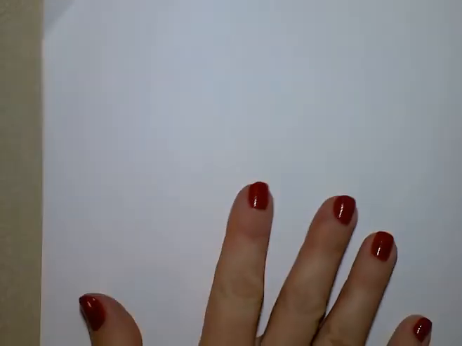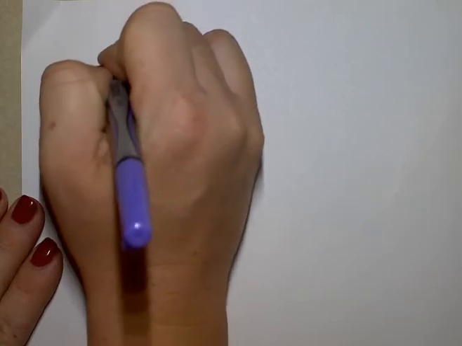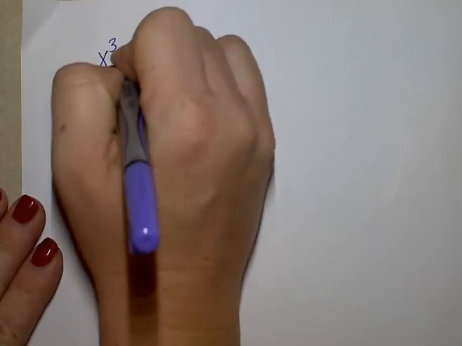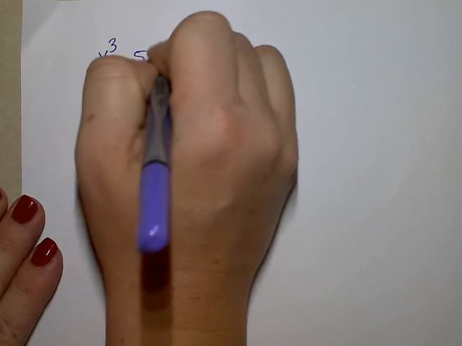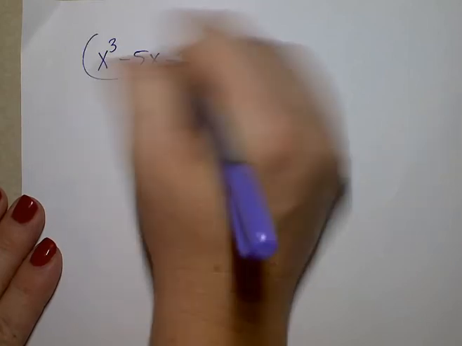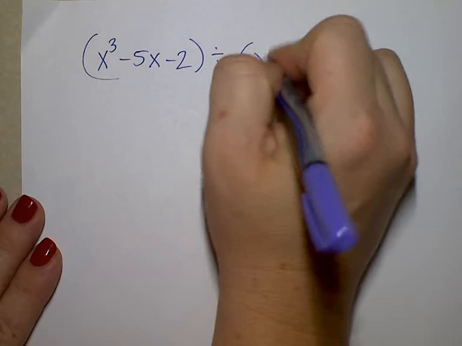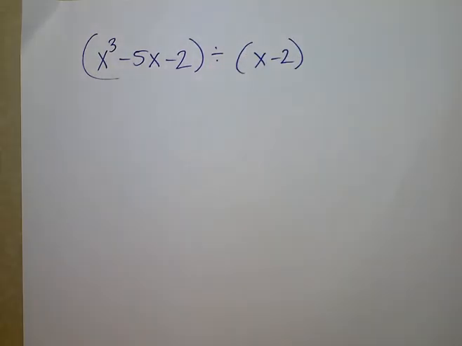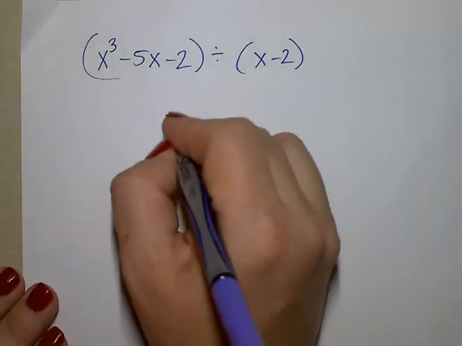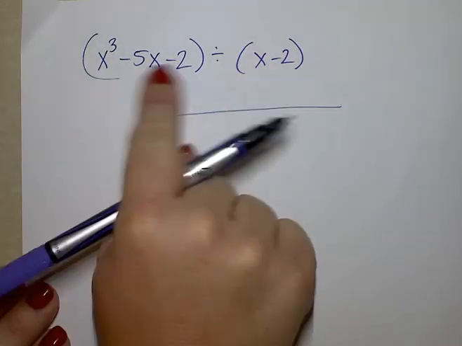Next problem. Let's have you write down the next problem, which is similar to this one. Okay, please write down x cubed minus 5x minus 2 divided by x minus 2. Inside here, what is the highest exponent you see?